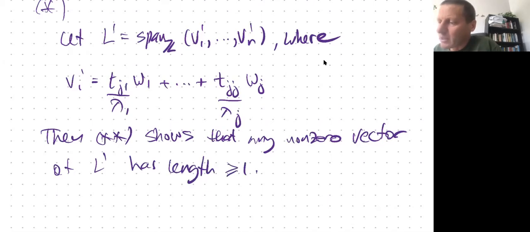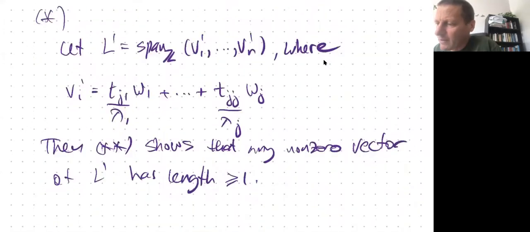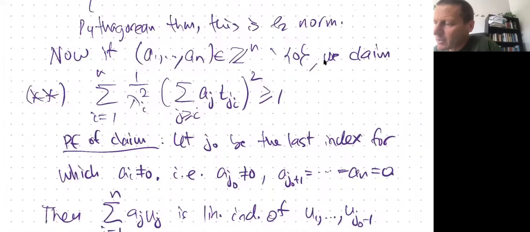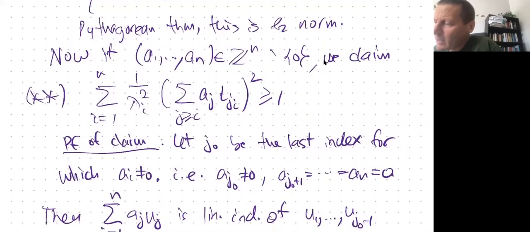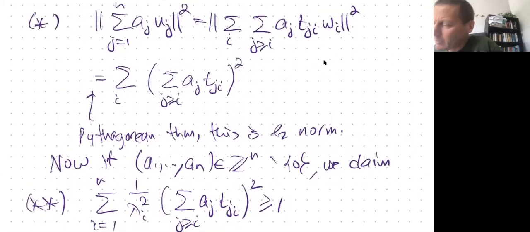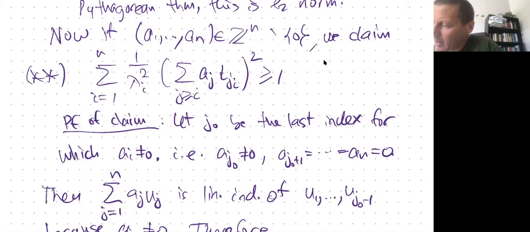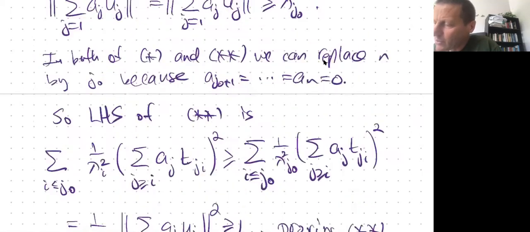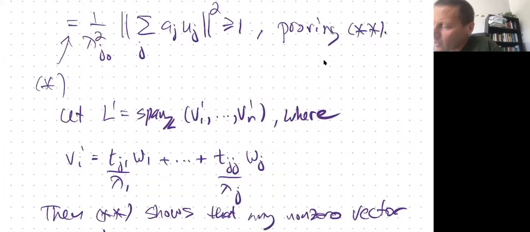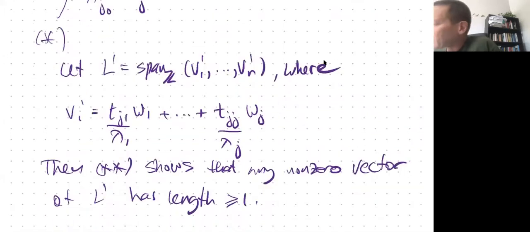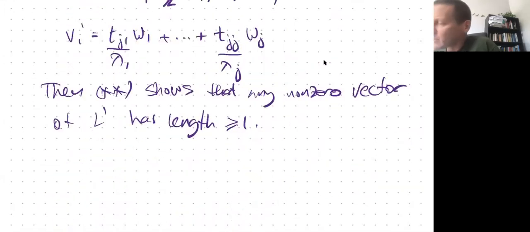That's what, let's look at double star again. So if you take this formula and you plug it in, you use it for the span of the Vi's, you're going to exactly see that it gives us this fact that all these lengths have length at least 1.